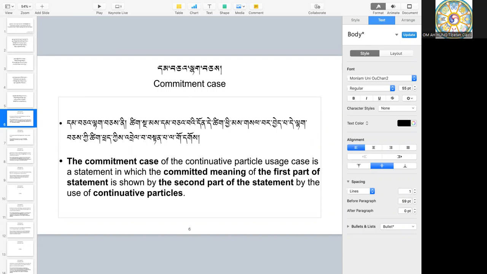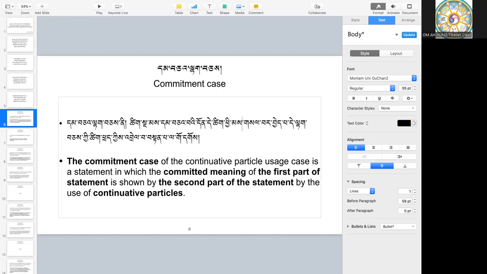We will notice that the particle that we used during the conjunction case and the particle that we're using during the commitment case are the same in spelling, same in pronunciation. The only difference we see is the very meaning that it brings.